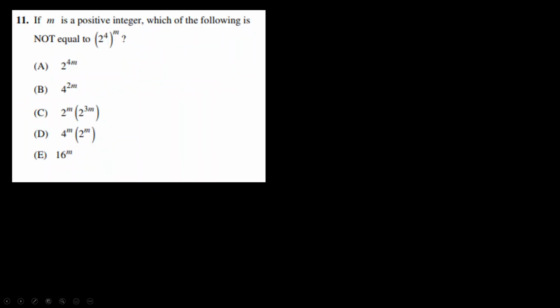Okay. If m is a positive integer, which of the following is not equal to 2 to the 4 to the m? Well, rules of exponents tell us that if we have a number a to the b to the c, that's the same thing as a to the bc. We can multiply them together.